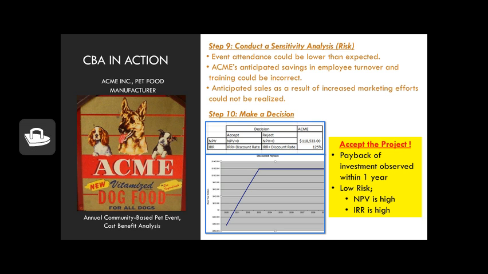Overall, though, in looking at our decision-making criteria and this graphic visual of the discounted payback of this investment, the risk seems very minimal in terms of this investment being a flop. Because our payback period is observed in 1 year and the net present value and internal rate of return are so high, we will accept this project and pursue the 2020 community-based pet event.